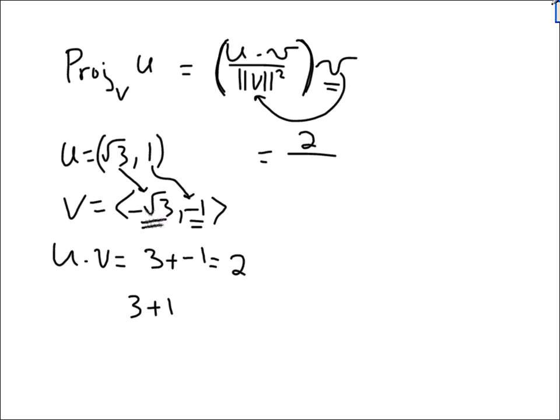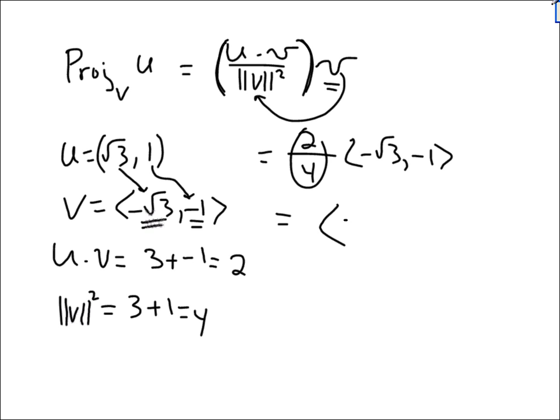You square that, you get 1. And if I don't take the square root, I get the length of V squared, which is 4, times V, which is negative the square root of 3, negative 1. That number again is a half. Don't think they're all a half. There it is. That's the vector. That's the projection of U onto V. Okay, that finishes this section entitled the dot product.